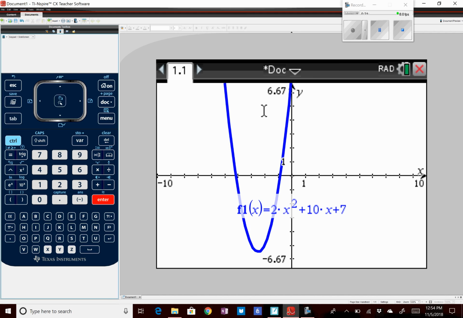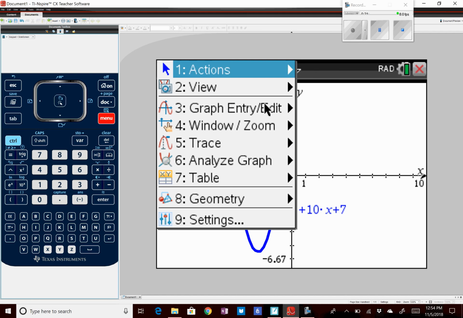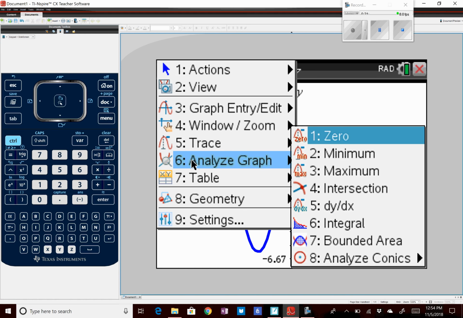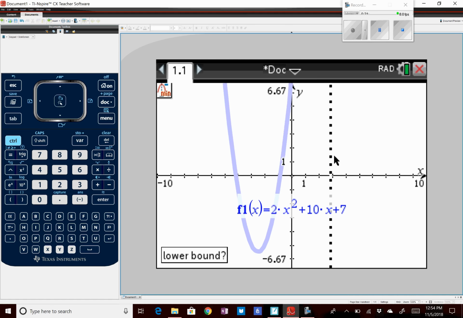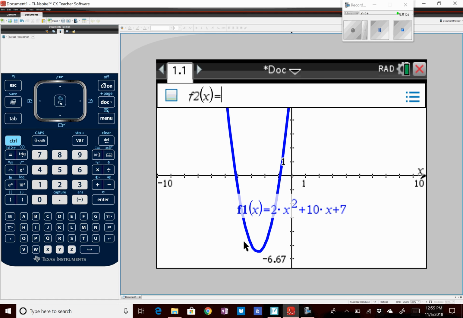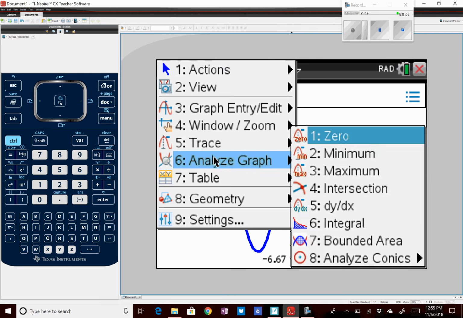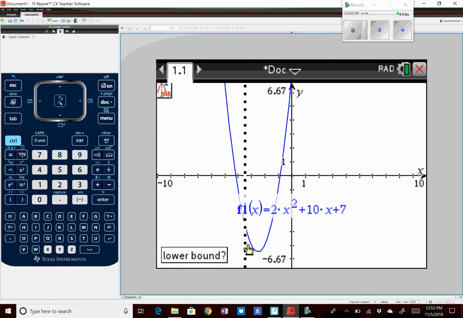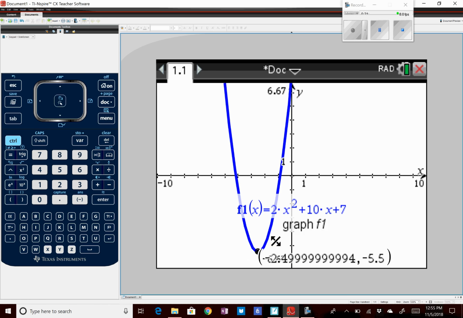So again, to get the vertex, it's menu, analyze graph. We have the opening at the top and the vertex at the bottom. That makes this a minimum. The lower bound would be to the left of the vertex. Left of the vertex, upper bound to the right of the vertex.